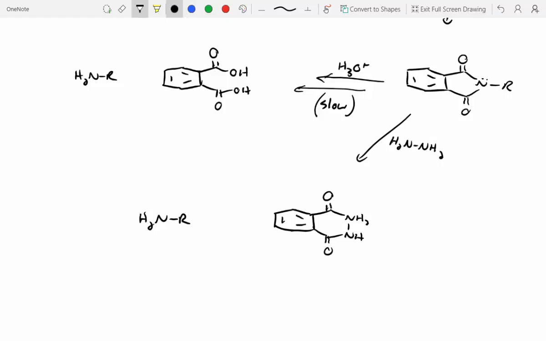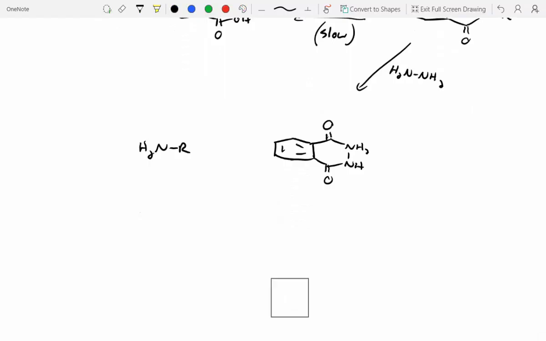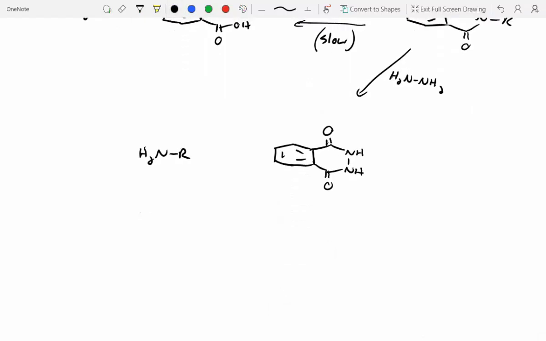What's more nucleophilic, a nitrogen lone pair or an oxygen lone pair, and why? Think about which one's holding its lone pair more tightly. Is it going to be the nitrogen or the oxygen? Oxygen. Oxygen's much more electronegative. It's going to hold its lone pairs close to itself, where the lone pairs on hydrazine are much more available for a nucleophilic attack, which accelerates this reaction tremendously. So these are very useful for reactions. Oops, sorry. That should be just an NH.